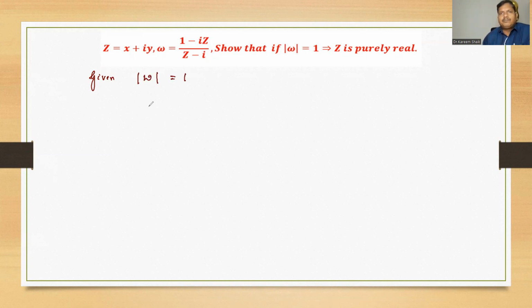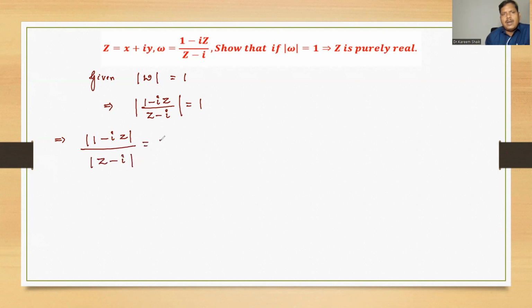Right? Now observe here. What is omega? (1 minus iota z) by (z minus iota) equals 1. Can I write it as modulus of (1 minus iota z) upon modulus of (z minus iota) equals 1? Why?